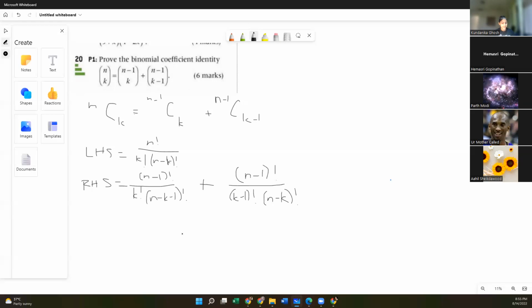Perfect. See, you're getting it. So we have all over one joint denominator: k factorial times n minus k factorial.